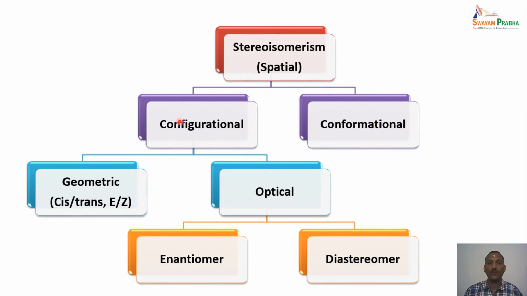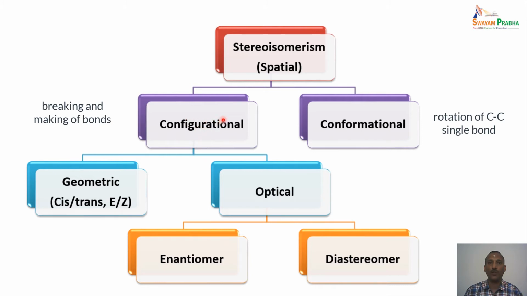So what is the difference between configurational isomers and conformational isomers? Basically, conformational isomers are formed by the rotation of bonds, whereas in the case of configurational isomers, the other isomer is formed by the breakage and joining of bonds.